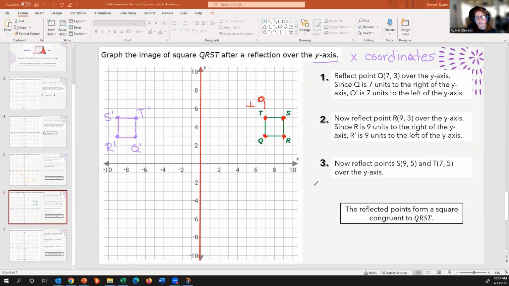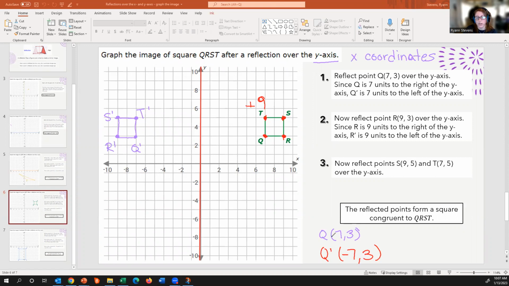So let's say I look at Q, which is at 7, 3. And then I look at Q prime, which is at -7, 3. I can see that I started with a +7.